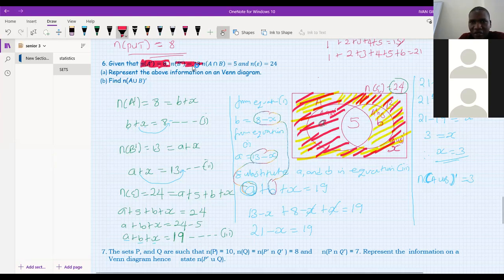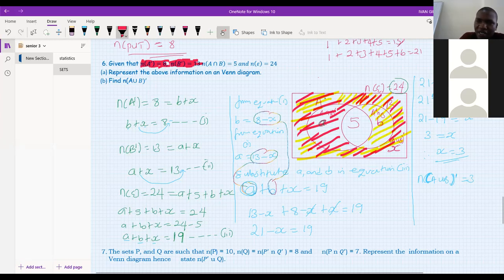This information, unlike most of the questions you're used to, is a bit different. Instead of giving us the number of B, they have given us the number of B complement. Instead of giving us the number of A, they have given us the number of A complement. So, according to our Venn diagram, when you draw the Venn diagram here, we don't know those who liked A only.